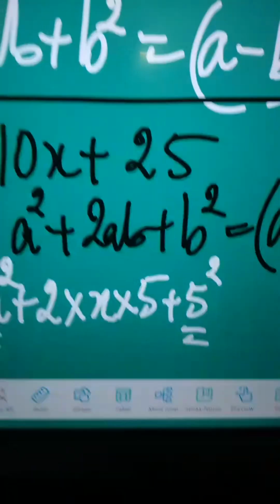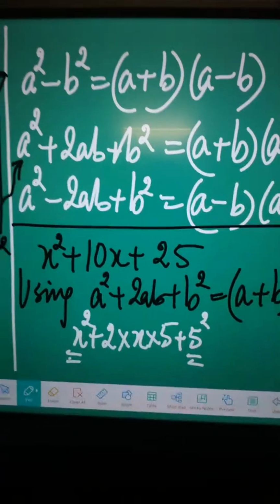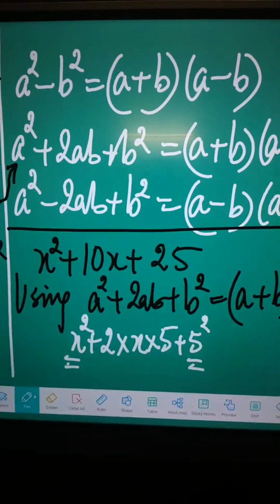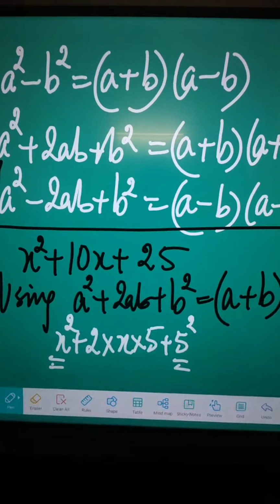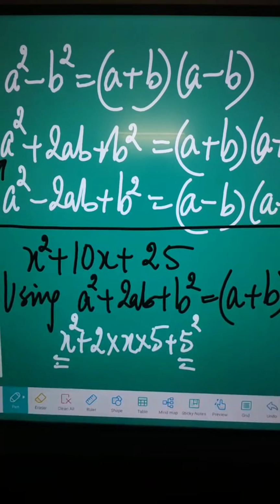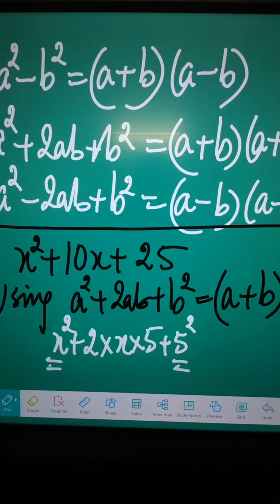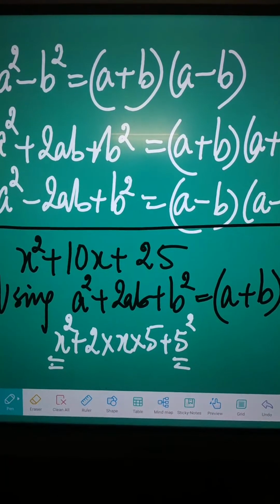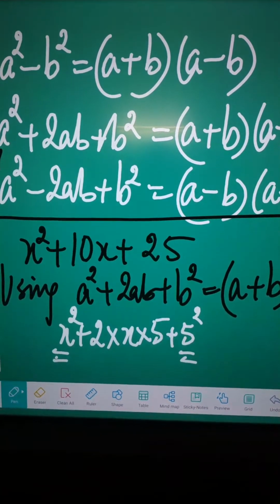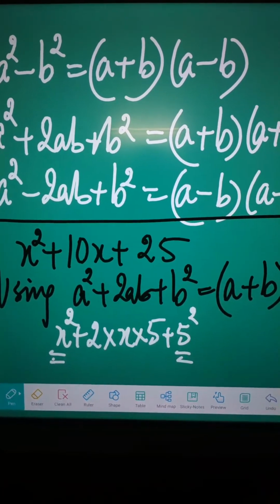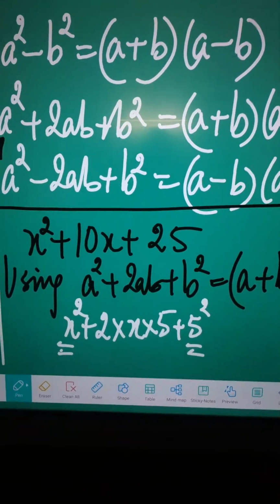So first you have to arrange. x square plus 10x plus 25 is matching the formula a square plus 2ab plus b square. A is x, b is 5, 2ab. Listen to this carefully and watch this step again. 2ab means 2 into a into b.